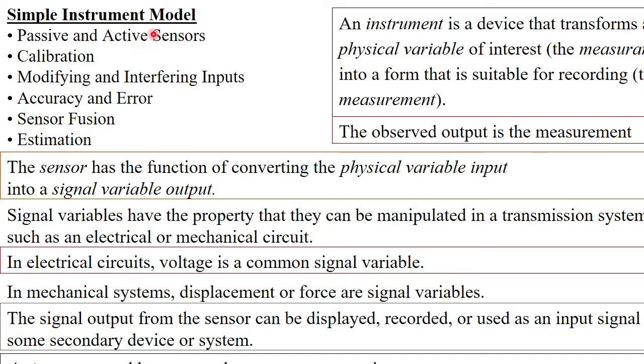Then associated with every sensor and every measurement system, there is an accuracy and there is an error part. What are the sources of error which can come, and accuracy is the minimum value of the physical quantity which the particular measurement system can capture.